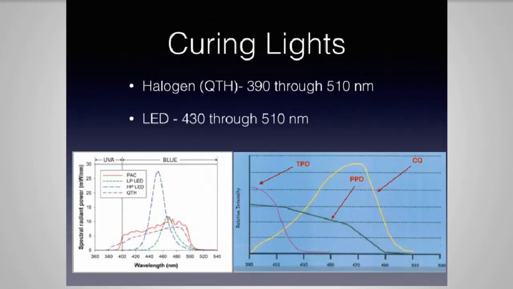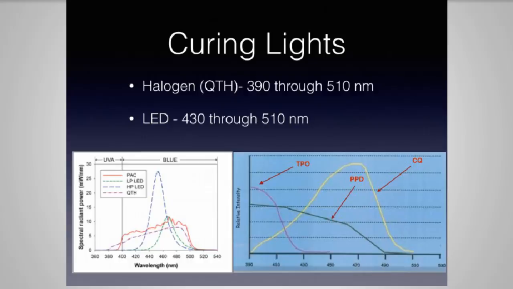Curing lights, of course, we have several different types. We have had in the past pack lights. We have low power LEDs, high power LEDs, and of course our halogen lights. And on the lower left hand side you see the various peaks of their wavelengths and their spectrum that all of the various lights that have been used or are currently being used exhibit.